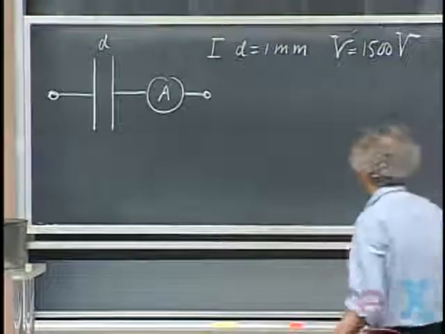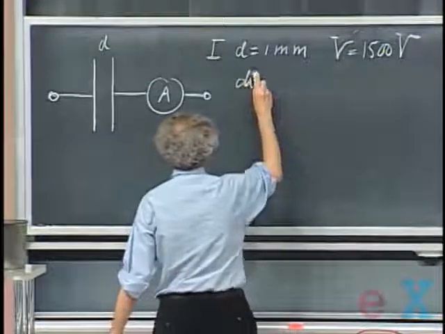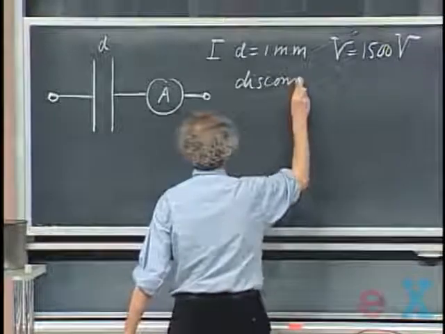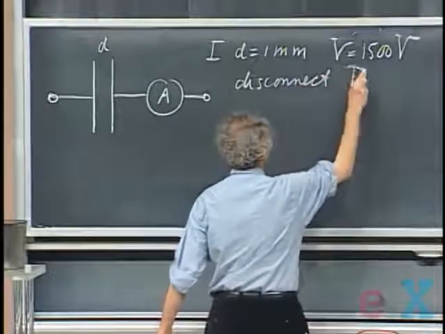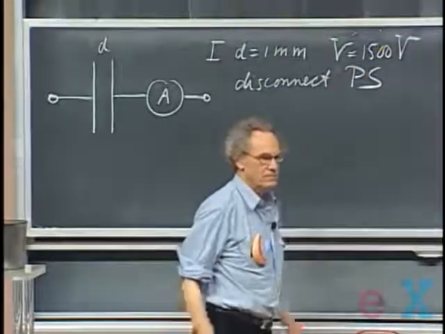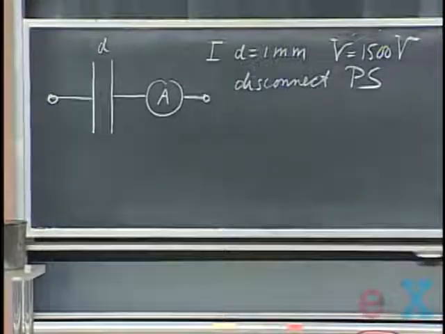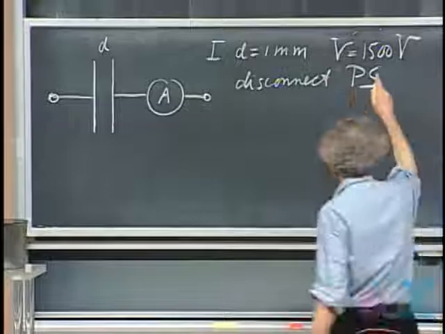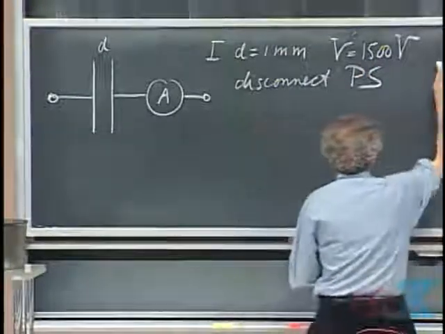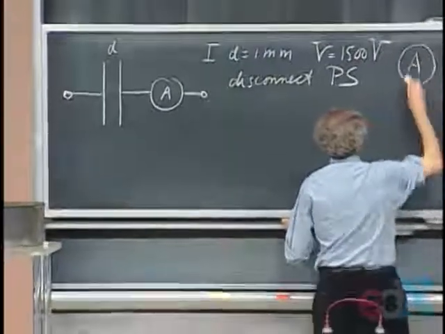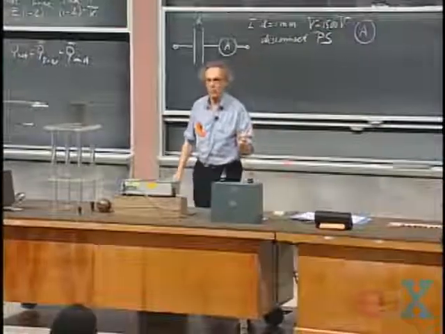Once I have charged them, I disconnect, this is very important, I disconnect the power supply, for which I write PS. That's it. So the charge is now trapped. As I charge it, as you saw last time, you will see that the ammeter shows a short surge of current.